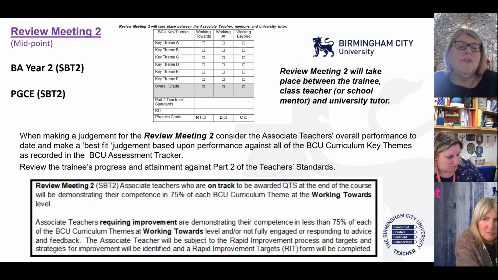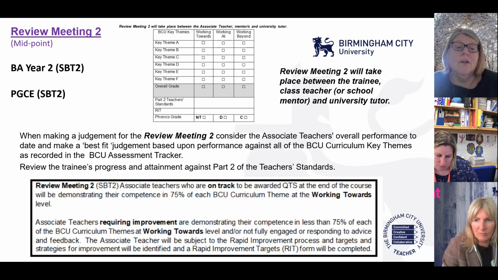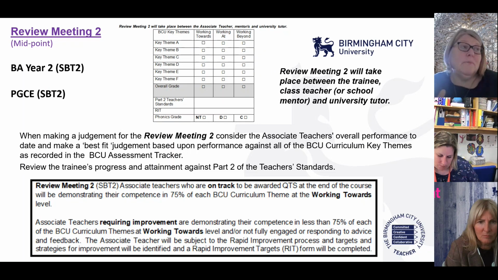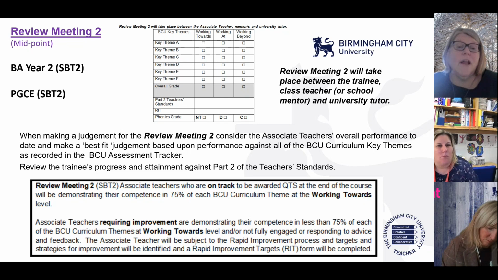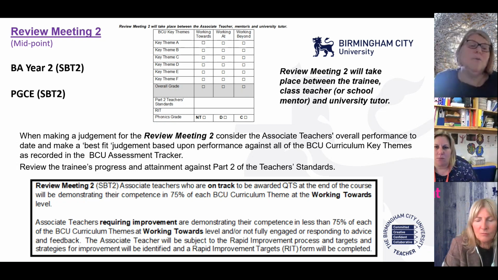So what we want to see at this point at review meeting 2, for those who are on track, is that they should be really demonstrating their competence in 75% of each of those 6 themes at the working towards level. Now, of course, some may have some highlighted statements in working at as well, and that's great. But certainly we want at least 75% in that first column, that working towards column.